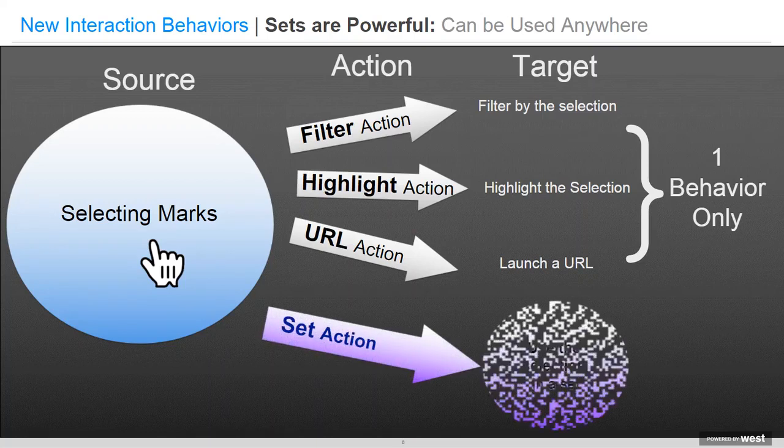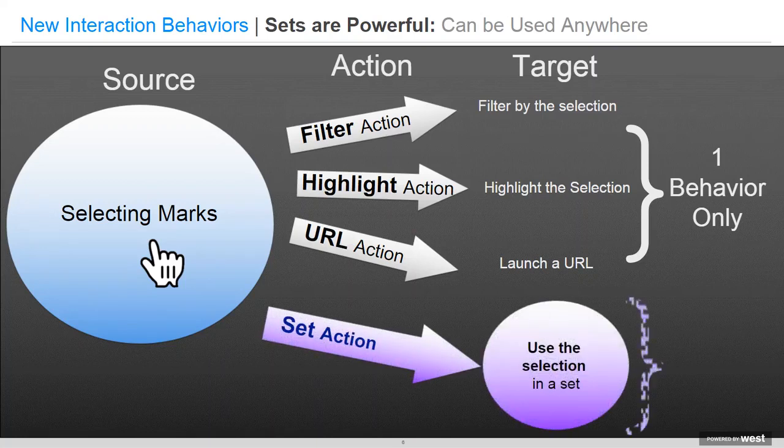But now, with the advent of set actions that I can drive the members of a set, the key difference is that I, as the author, design the behavior of what happens next. And as I've described already, I can use that set in a wide variety of ways, and there are tons and tons of things that I can do with it. This really is one of the main reasons why set actions open up such a big new world of visual analytics possibility.